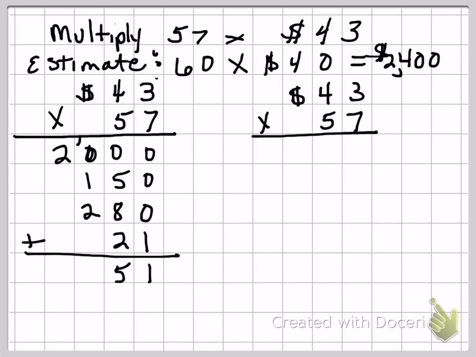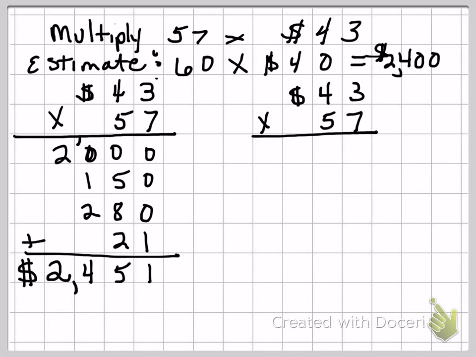I'm going to put down the 5 and carry the 1. 1 plus 1 plus 2 equals 4, and I'll bring that 2 all the way down because there's nothing else to add to it. Now 1, 2, 3, comma, but take a look at this. This is also money, so I have to have that money sign.